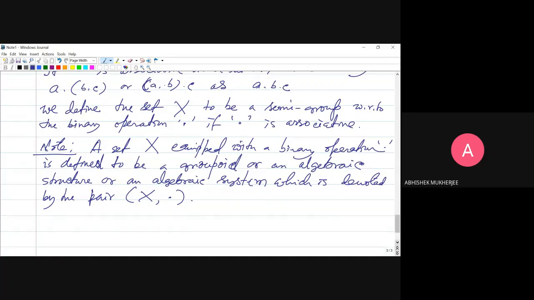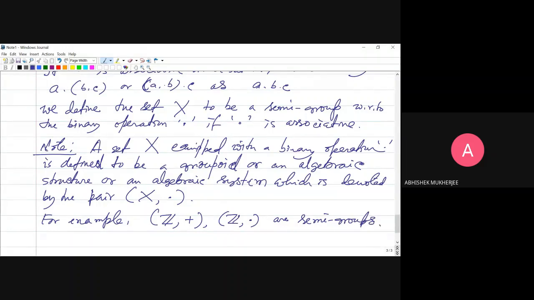You can easily check that, for example, Z with respect to plus, Z with respect to dot are semigroups.